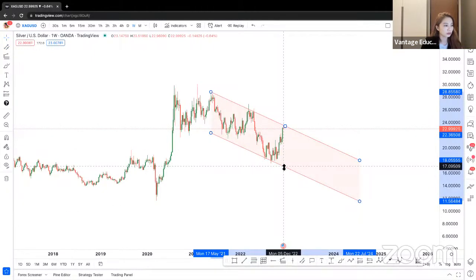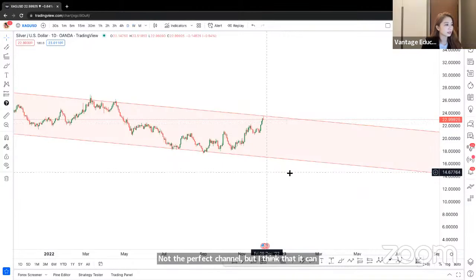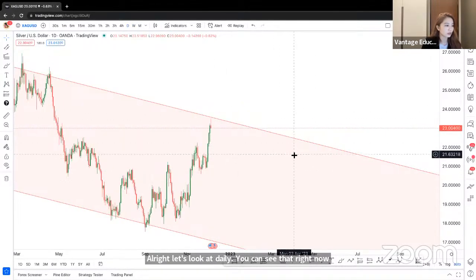Not the perfect channel, but I think that it can be counted. Let's look at daily. We can see that right now price is at the top of the channel. There's a chance of further dropping down.